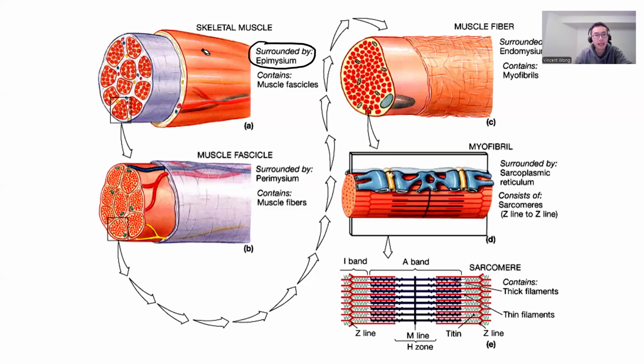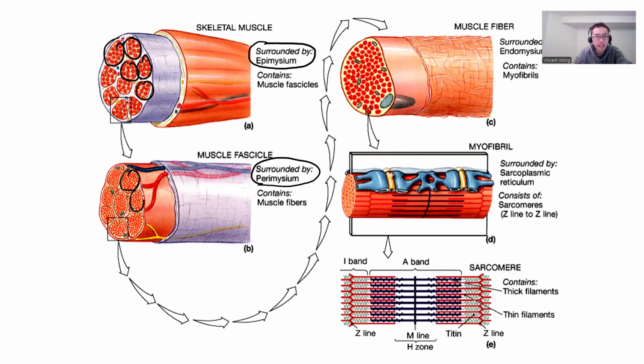What's inside the skeletal muscle? Well, it's a bunch of these fascicles. If you pull out the fascicles, you can see the fascicle is surrounded by the perimysium, and the fascicle contains muscle fibers.